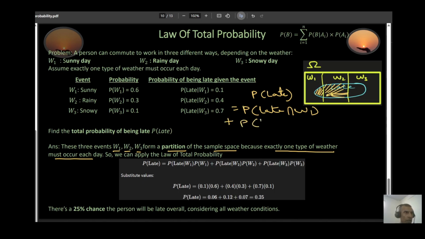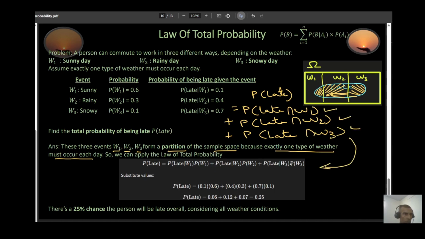Probability of late and it was weather 2, plus probability of being late and it was weather 3. And now you can apply conditional probability to this one, to this one, and to this one, and you will get these expressions right here. So this is my first one right here, this is my second one, and this is my third one.